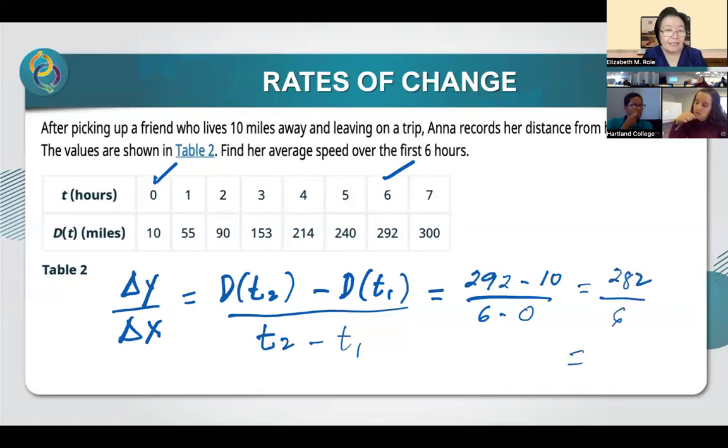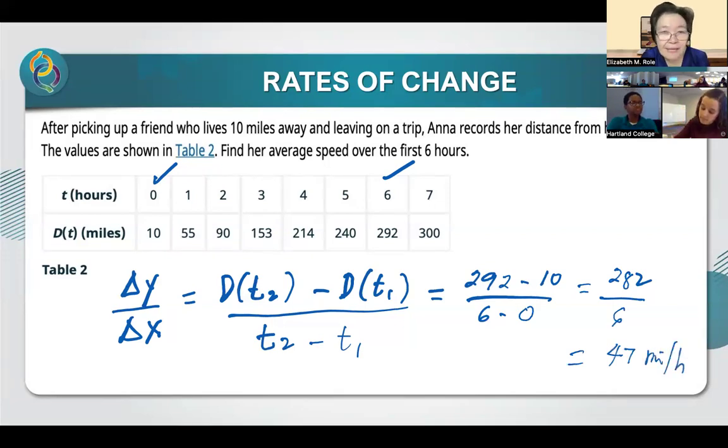And what's the average? It's the average speed over the first 6 hours. You know that speed would change, but we're now talking about the average speed. So 282 divided by 6. What's your answer? 47. If it is miles per, we'll put it as miles per hour.